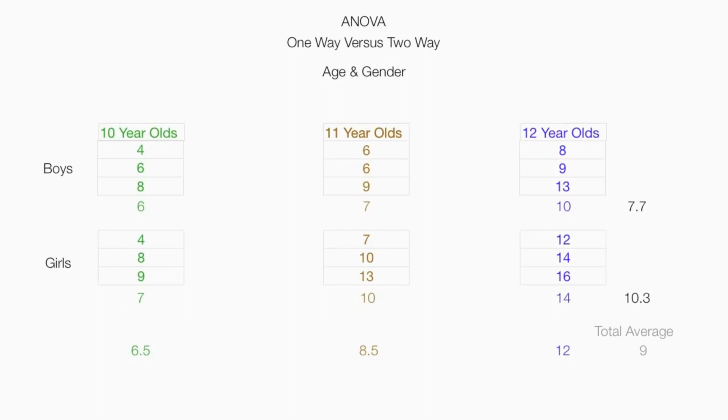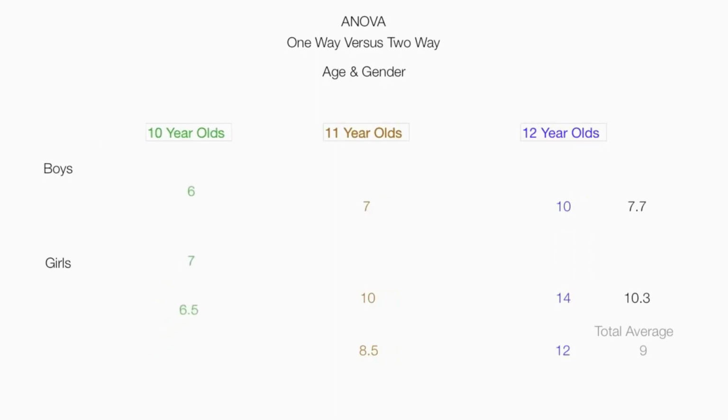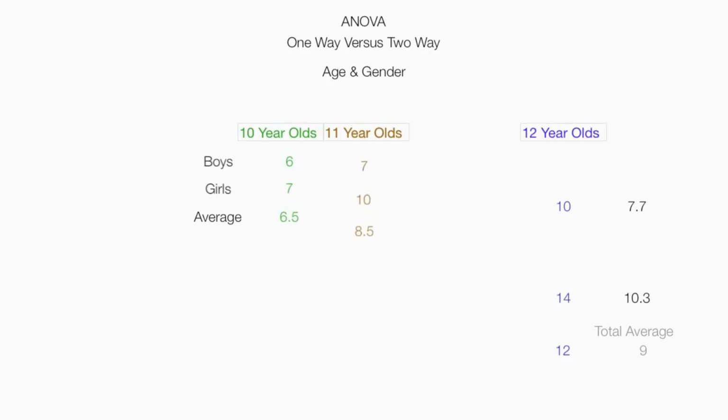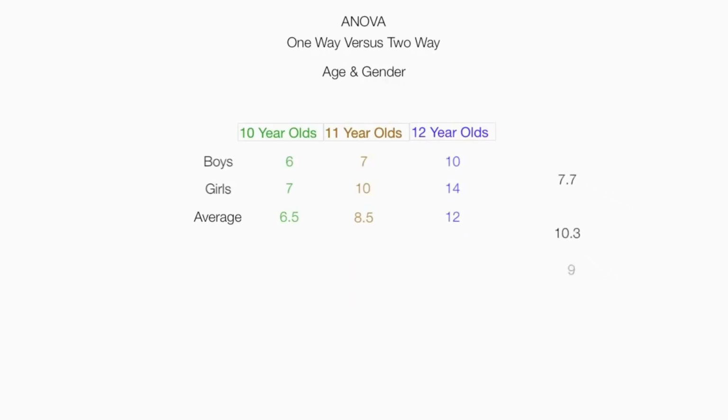Now let me put this all back into a single table. I'm going to call that the mean table. I'm going to end up with three rows of data, boys, girls, and the average row. I'll also have 4 columns of data, the 10-year-old data, the 11-year-old data, the 12-year-old data, and also the average.